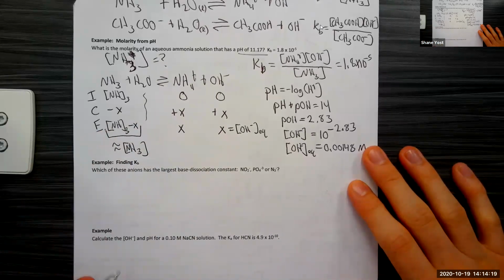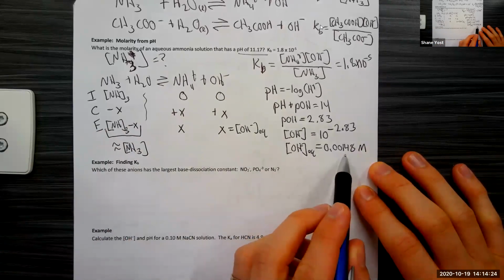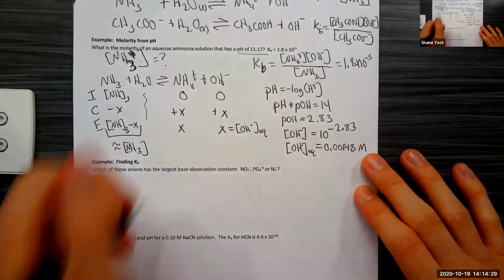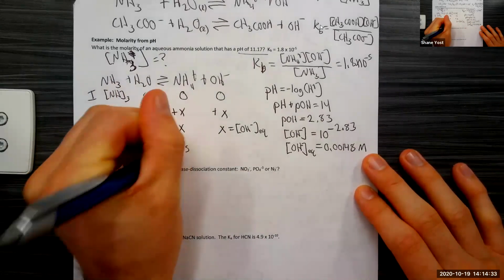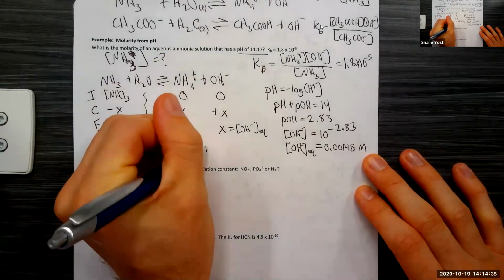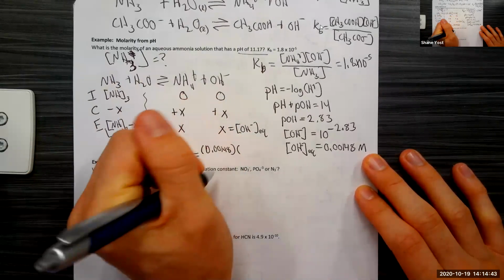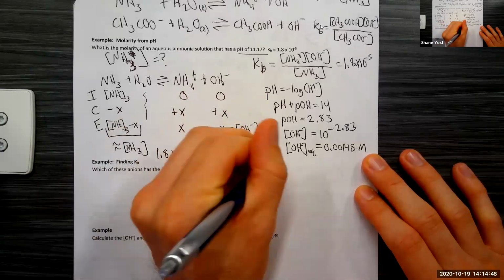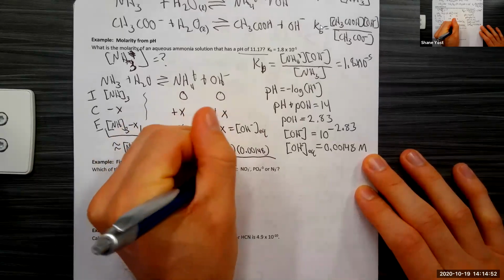And so finally, given the fact that X is 0.00148, I can plug this into my expression up here for Kb. So I have my Kb, which is 1.8 times 10 to the minus 5, equals the concentration of NH4 plus, which is 0.00148, times the concentration of OH minus, which is also 0.00148, divided by the concentration of NH3.